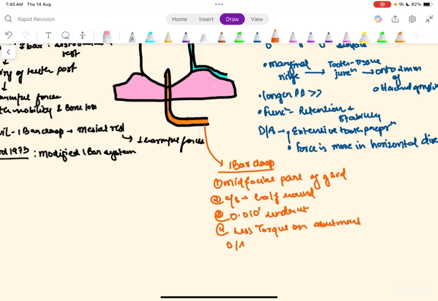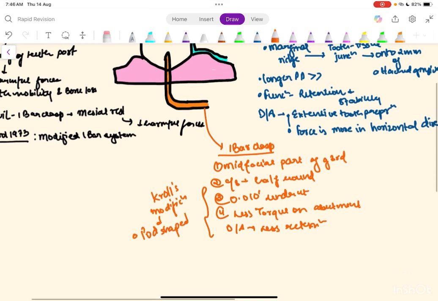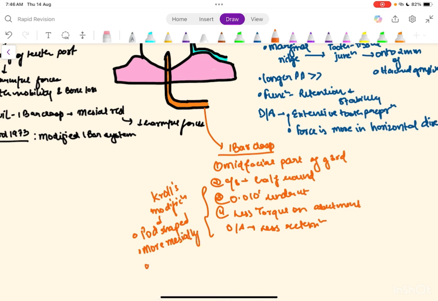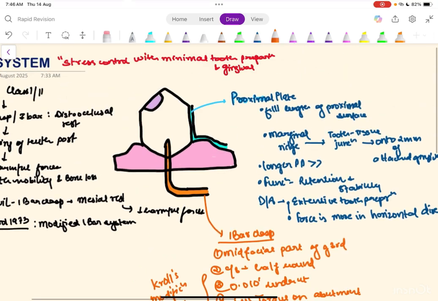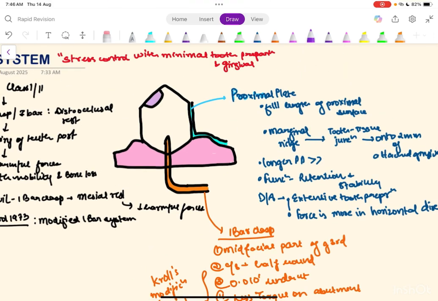Now the disadvantage is that it has less retention. Now over here Kroll's modification was, he suggested that we make it pod shaped and place it more mesially to allow more reciprocation.